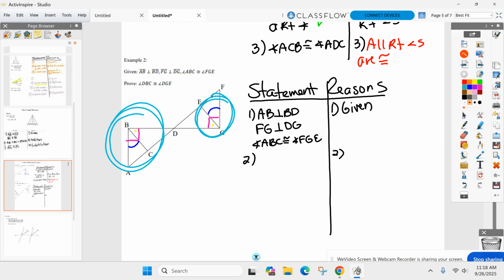Julia, what don't I have? FGD and BAD is down here. You sure you meant which angles? You said FGD? Yep, and not BAD, but ABD. I don't have the right angles yet, do I?